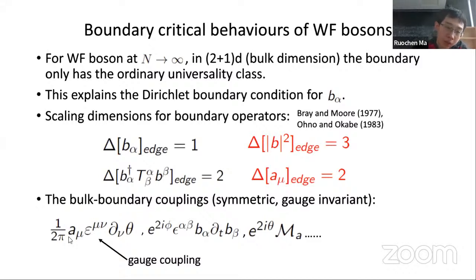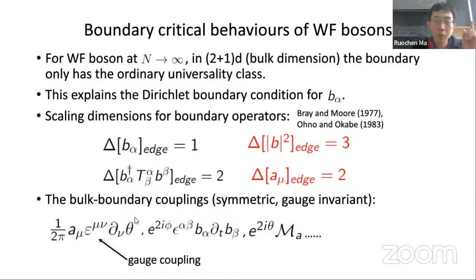And as I said, the boundary descendant of the bulk dynamical U(1) gauge field has scaling dimension 2. And as for the conserved currents of the edge, this part has scaling dimension 1. And remember that at the edge, now you only have 1 plus 1 dimensions. So a dimension 3 object is irrelevant, which means that now effectively at the low energy limit, at the edge, the gauge coupling is effectively 0.